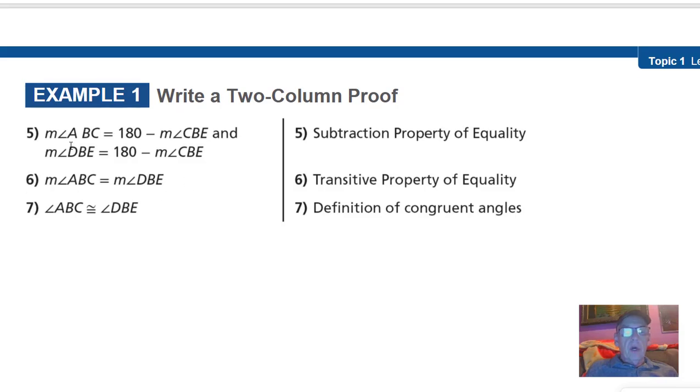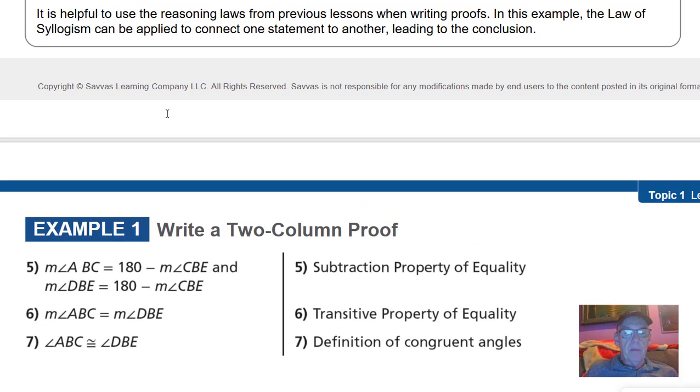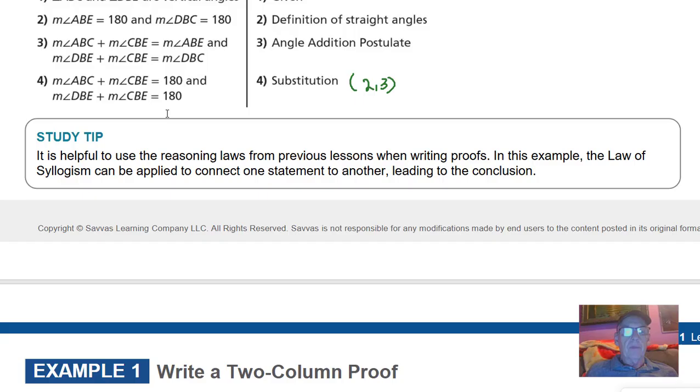So here we have that the measure of ABC is 180 minus the measure of CBE. So they're getting the measure of ABC by itself. They're subtracting the measure of CBE from both sides.